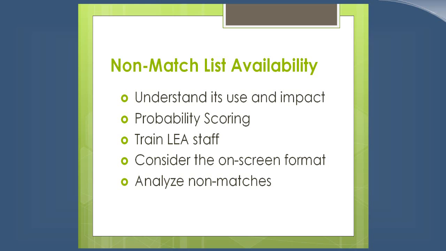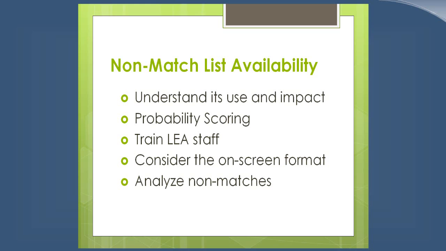You would also think that, if you're not using a non-match list, for your CEP, ISP, you're probably losing a lot of students if the LEA is unable to do any type of human adjudication at the local level. So the first thing you want to do is look at your non-match list availability and what's being done with it.